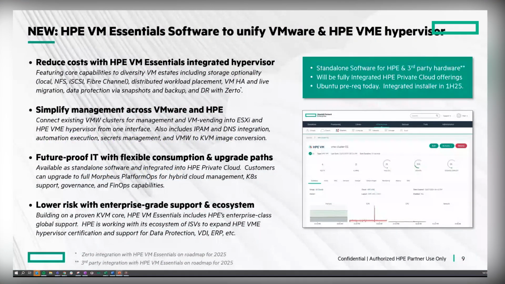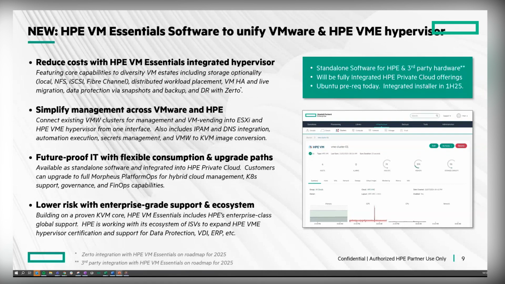So given that we announced VME a few months ago, we've made some really good enhancements with where we're supporting from a portfolio perspective. So today, HPE VME supports Gen 11 ProLiant servers, Gen 10 Plus ProLiant servers, Alletra MP B10000 storage, and our Alletra 5000 and 6000 arrays as well.